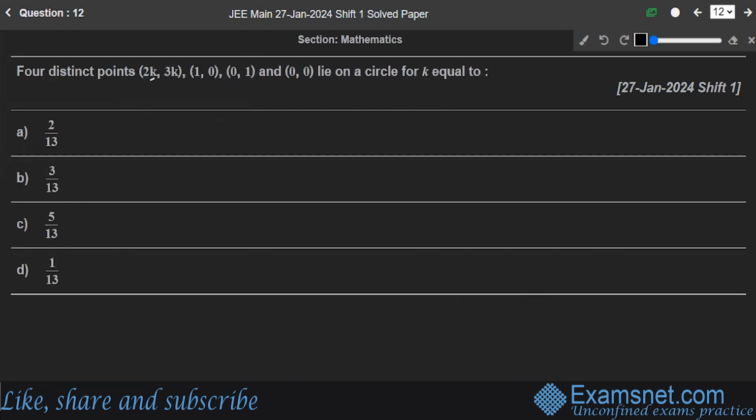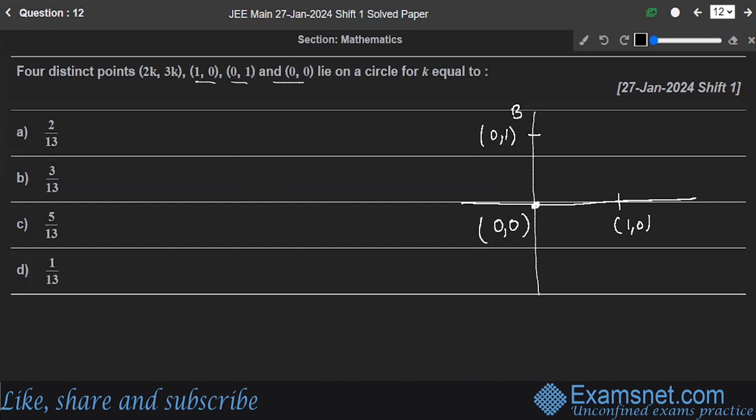4 distinct points, this, and this lie on a circle, for what k value? If I plot, you see I'm having these finite points over here. The first one is the origin. The circle is passing through the origin, and also through the point 1, 0 and the point 0, 1.